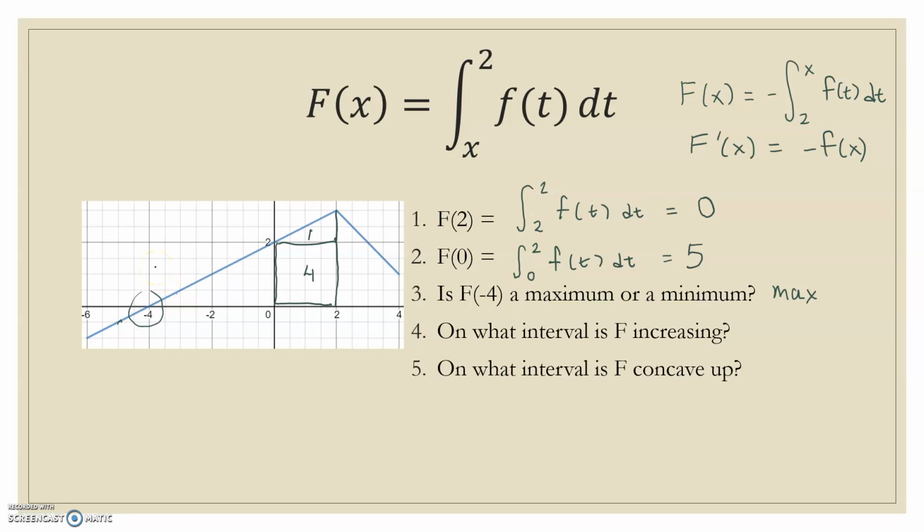This graph that we have is not a graph of f prime. It's a graph of the opposite of f prime. So every sign that we see here is the opposite of what we would expect. On what interval is f increasing? Well, f is increasing anytime f prime is greater than 0.